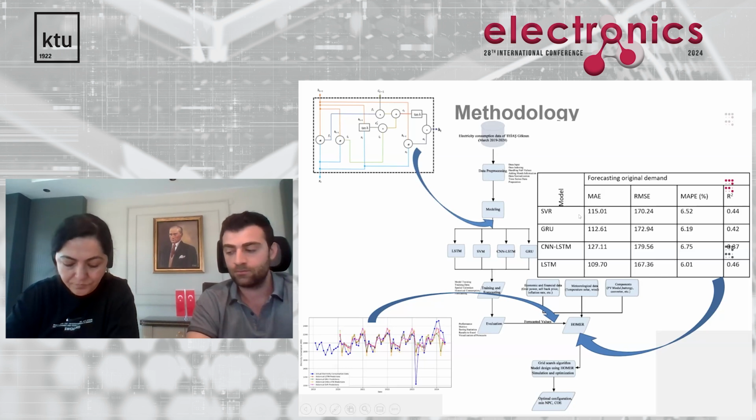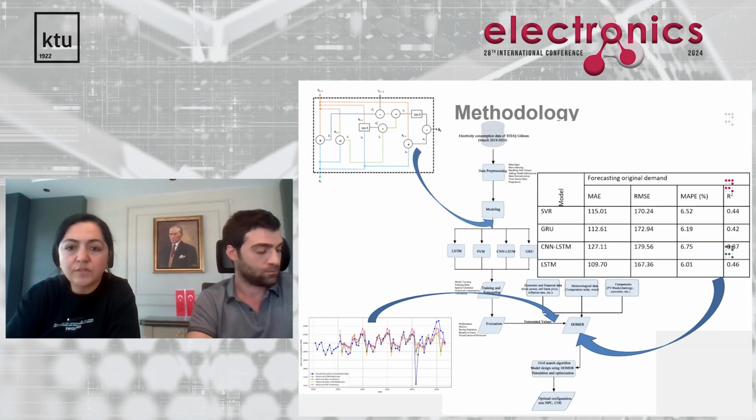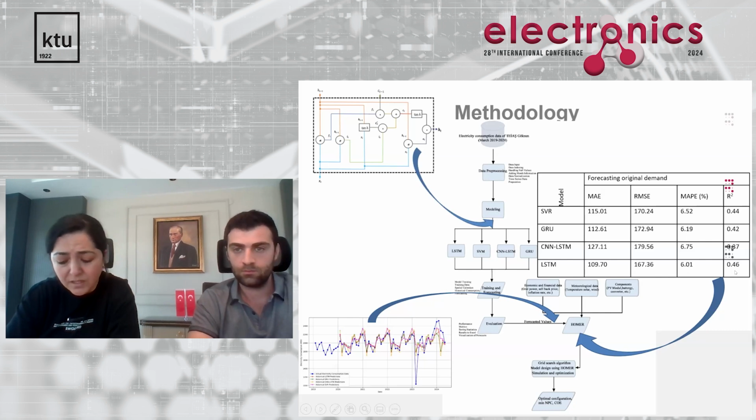In the light of these results, you can see the LSTM model achieving the lowest RMSE and MAPE, as well as the highest R squared value compared to the other models.